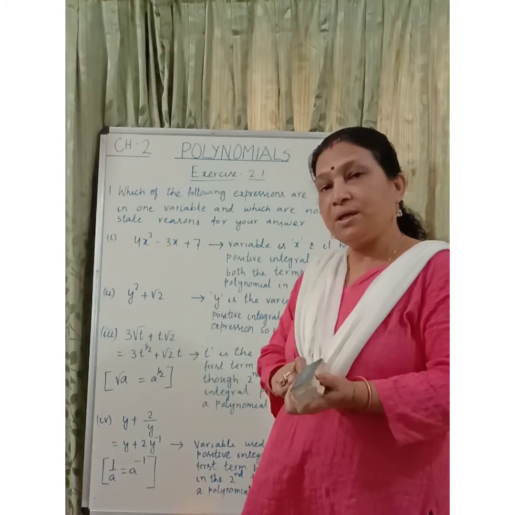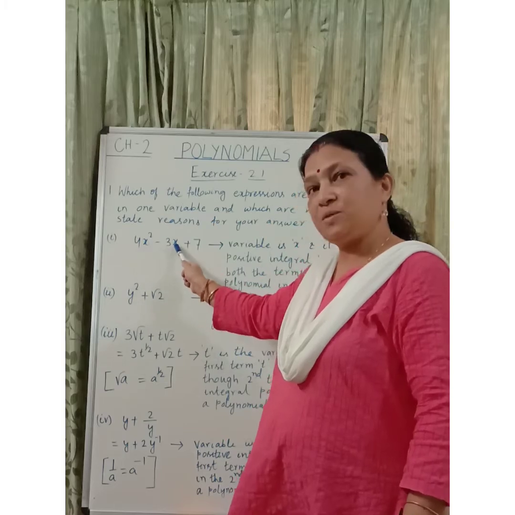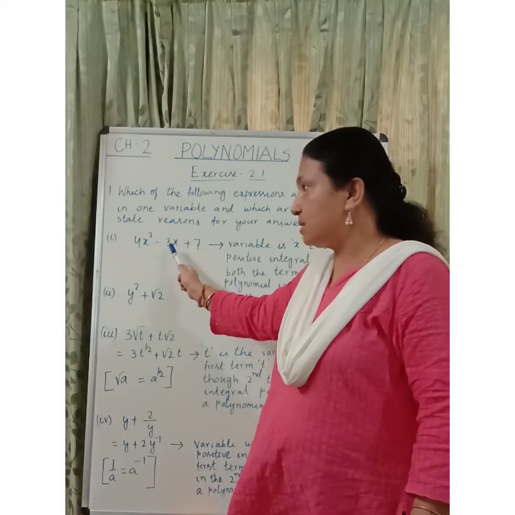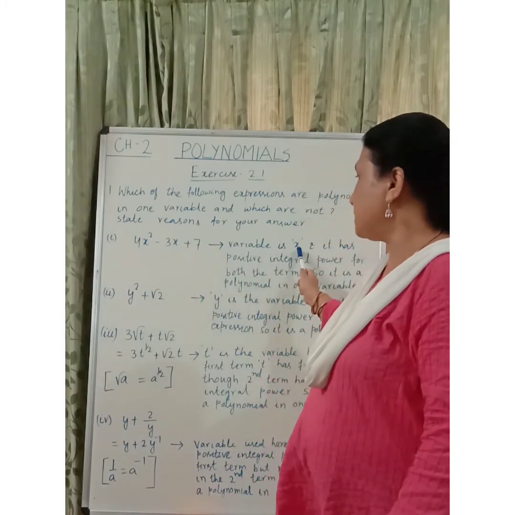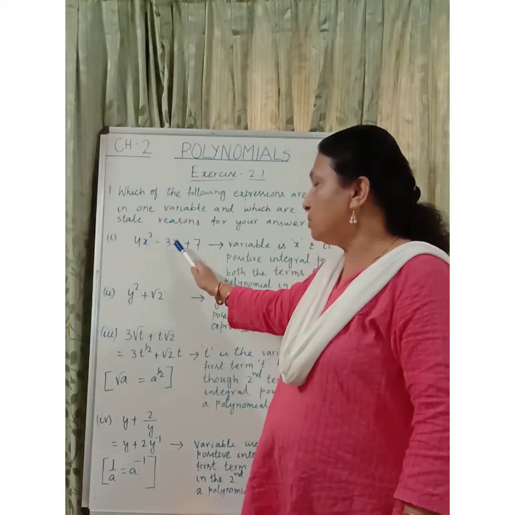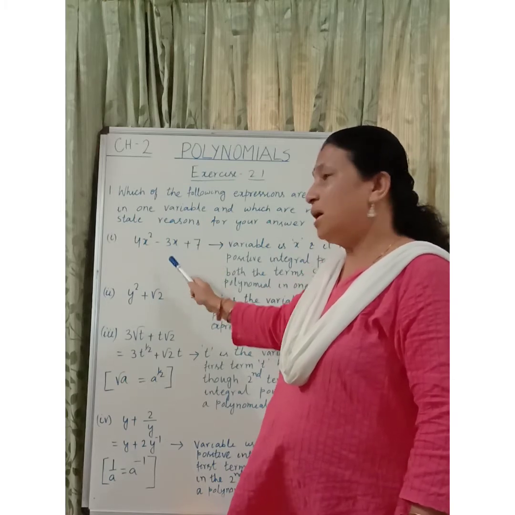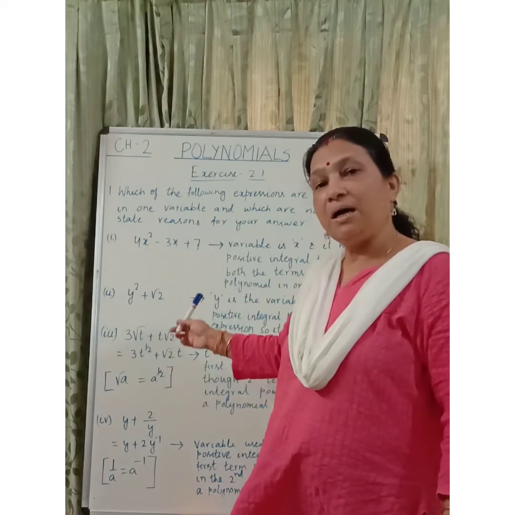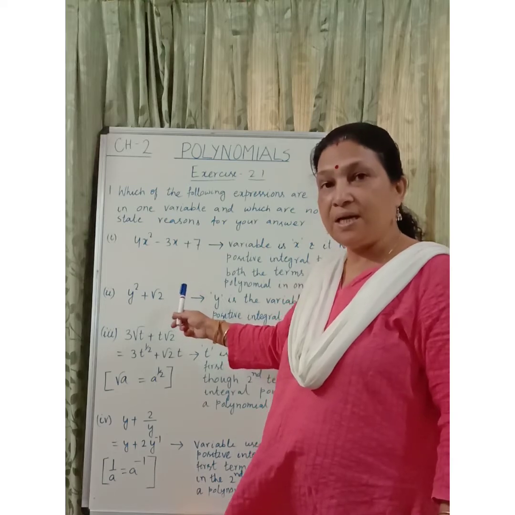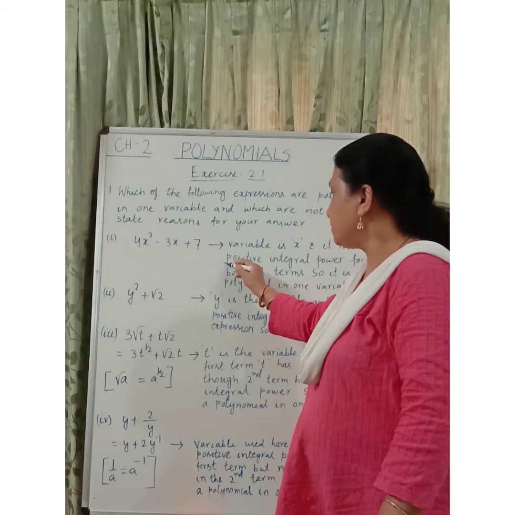What do you notice here in this expression? What is the variable used here? Both the cases, both the terms, we have x. So the variable is x, and here x has positive power, that is 2. Here x has power 1. Both are positive and whole number. We can say positive integral power.